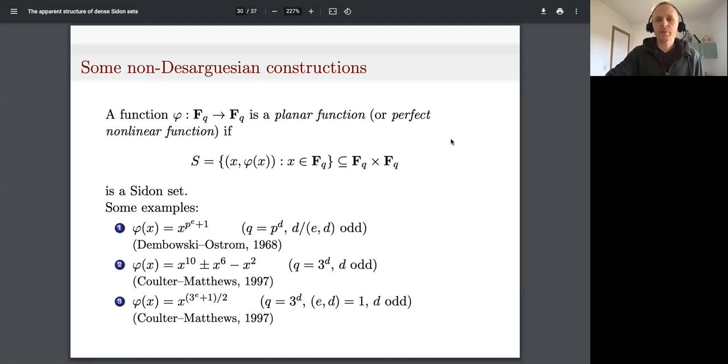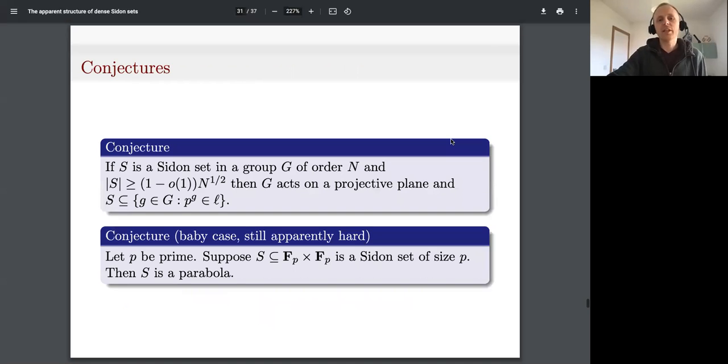Okay, then in my last minute, let me just say what we think may be true, at least judging from just these examples. It may be true that if you have a Sidon set S in an arbitrary group G of order n, and if it's dense, so if it has size (1 minus little o(1)) times square root of n, then G acts on a projective plane and S is contained in a point-line stabilizer.